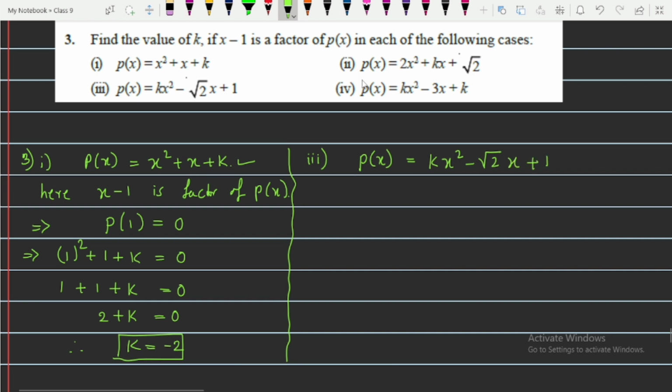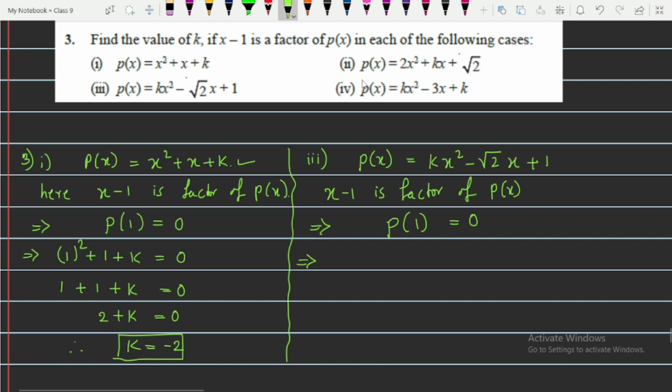So again they said here x minus 1 is a factor of p of x. If it is a factor, then what is equal to 0? That is p of 1 equal to 0, right?